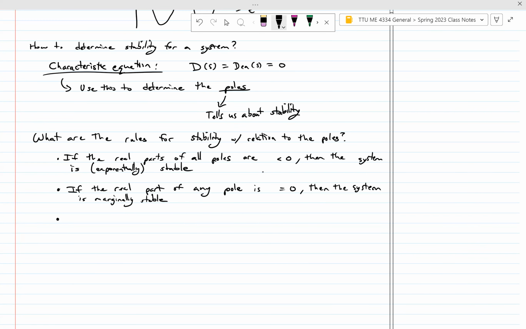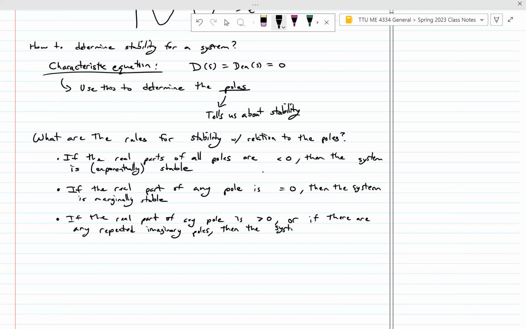We've got to be careful here, right? If the real part of any one pole, of any pole, is greater than 0, or, and this is a special case, if there are any repeated imaginary poles, then the system is unstable, right?